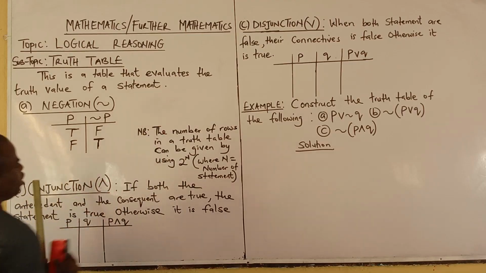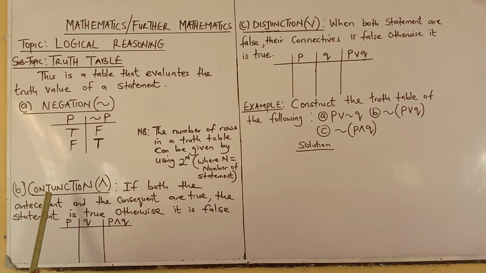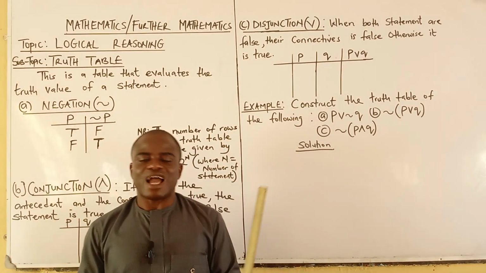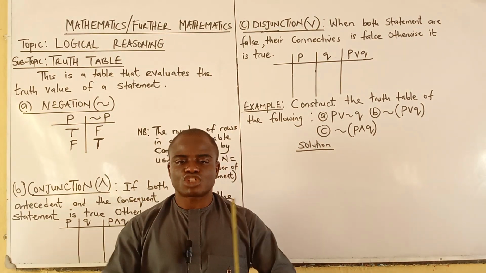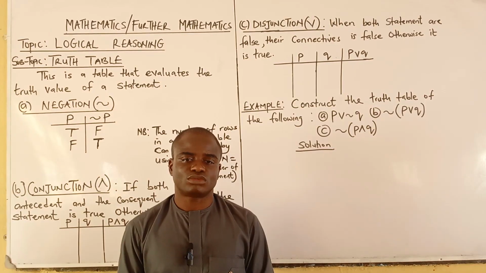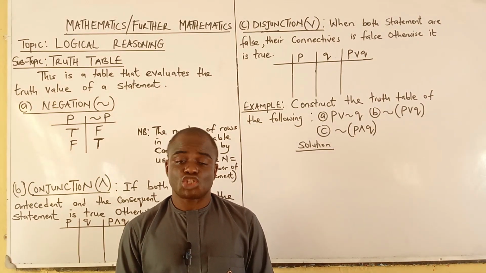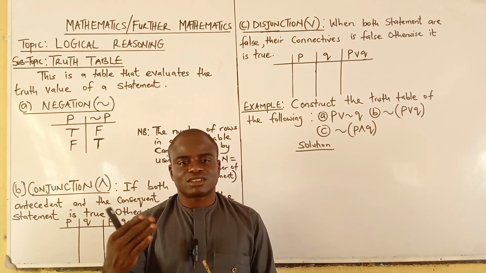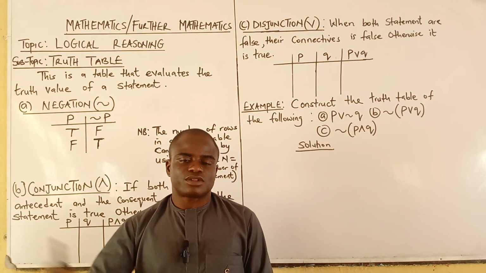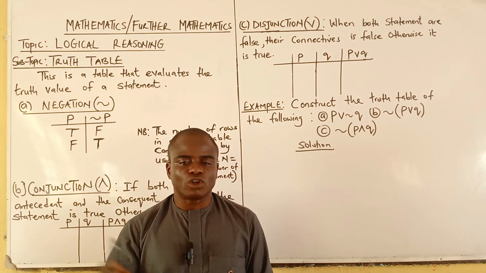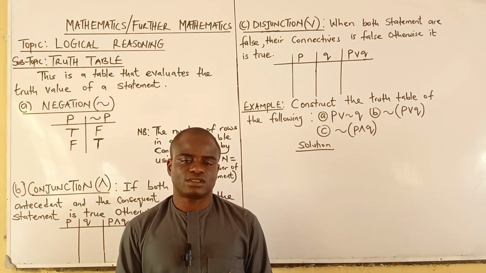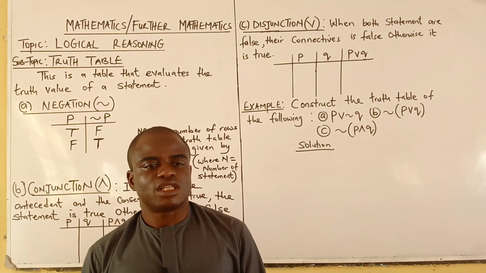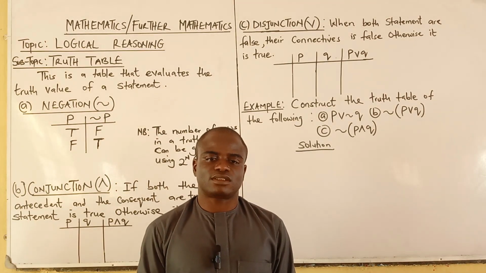Okay? Now let's see conjunction. Under conjunction, if both the antecedent and the consequent are true, the statement is true. Otherwise, it is false. The antecedent is referring to the first sentence, while the consequent is referring to the second sentence.